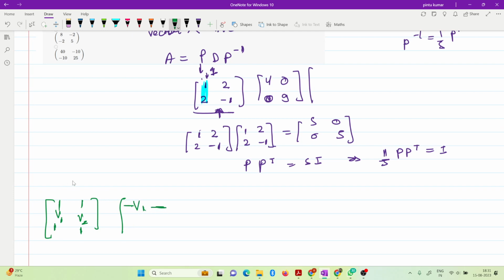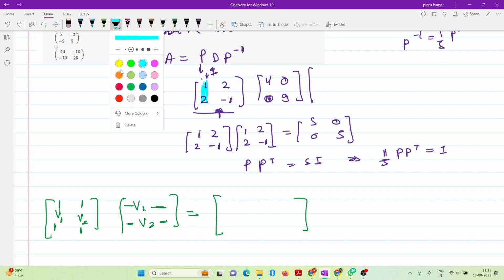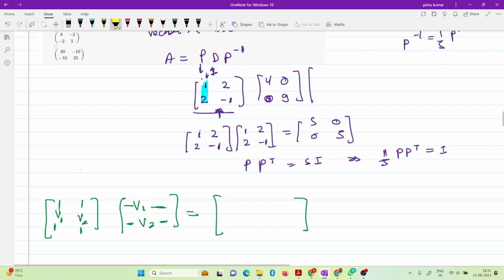I'm just trying to show you what happens when you multiply a matrix with its transpose. So how do you obtain the first element of this matrix?